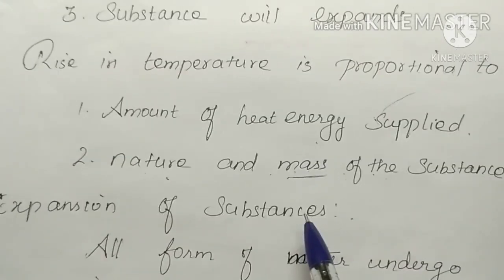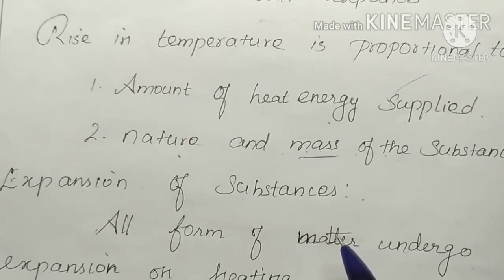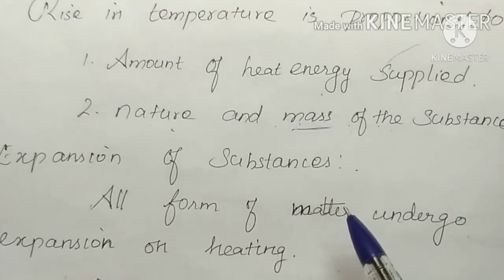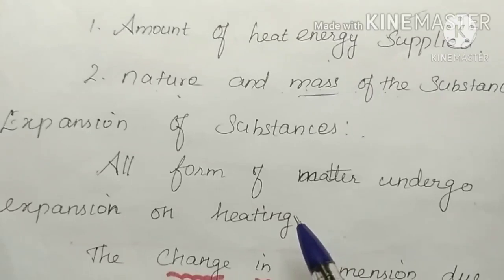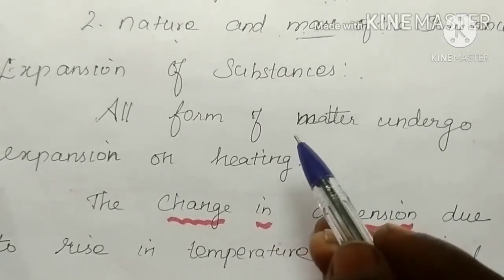Expansion of substances takes place in all forms of matter: solid, liquid, and gases. Solid will expand, liquid will also expand, and gas also expands when we are giving heat energy. So what do we mean by thermal expansion?